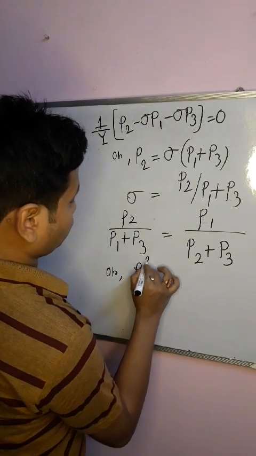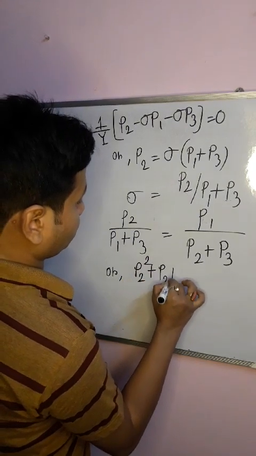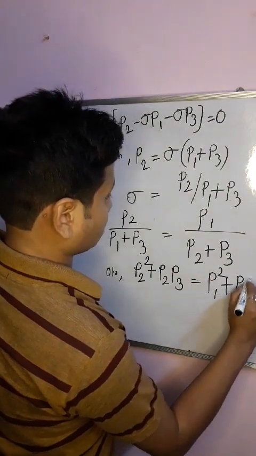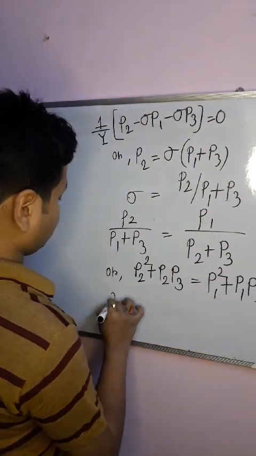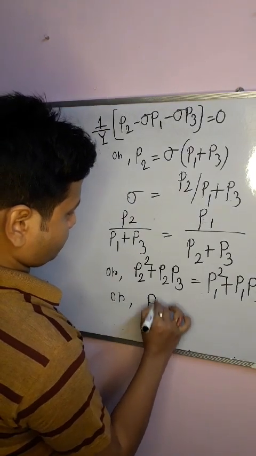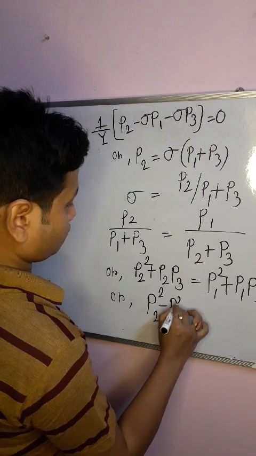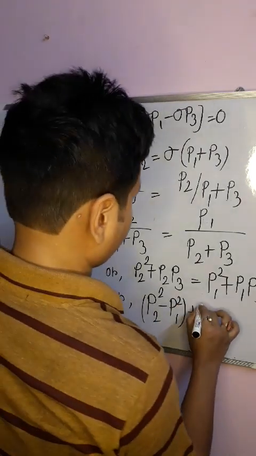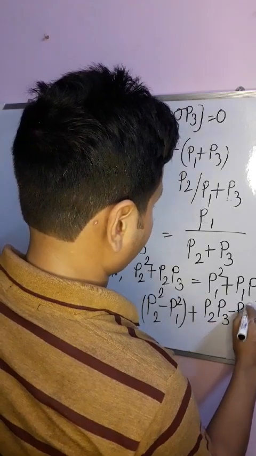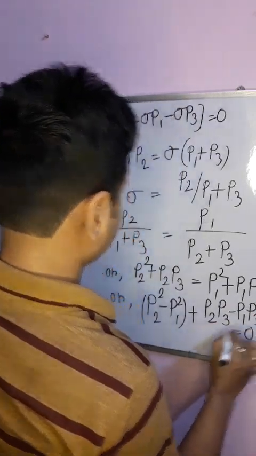That is P2 squared plus P2 P3 equals P1 squared plus P1 P3. So P2 squared minus P1 squared plus P2 P3 minus P1 P3 is 0.